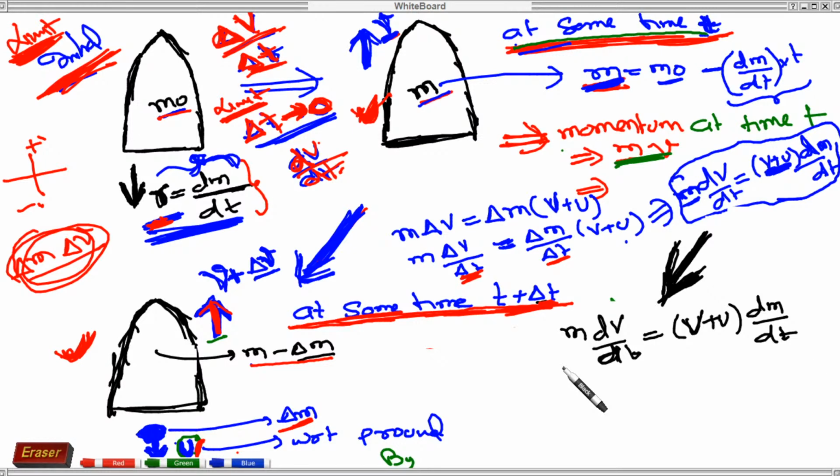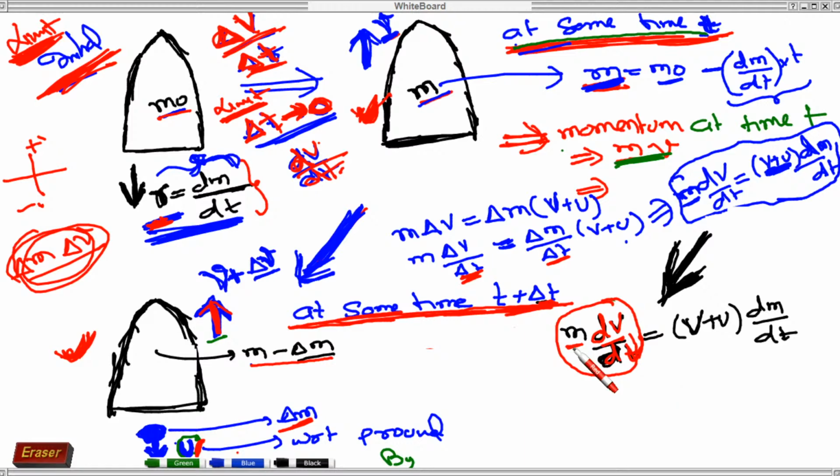And actually, when you see this section, what comes to your mind is that this is mass, and what is dv over dt? That is acceleration.